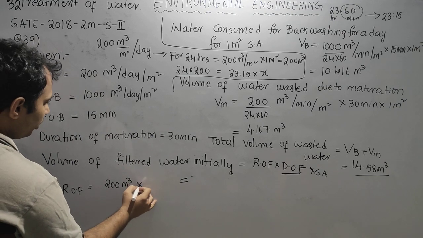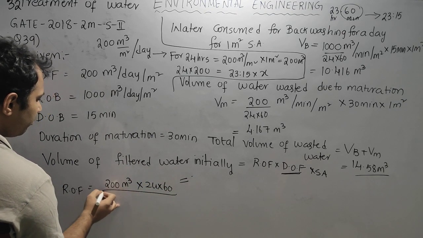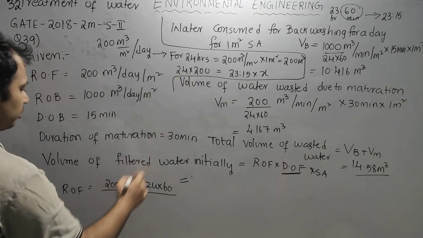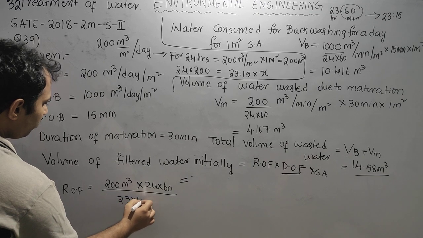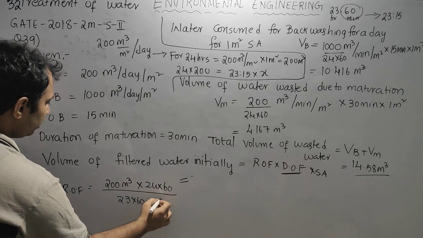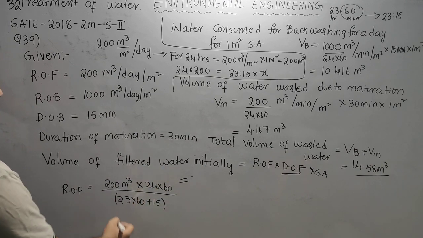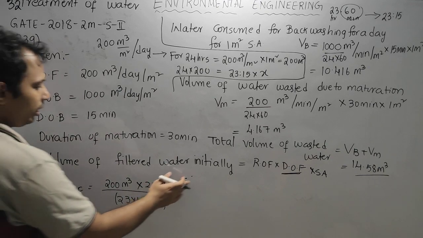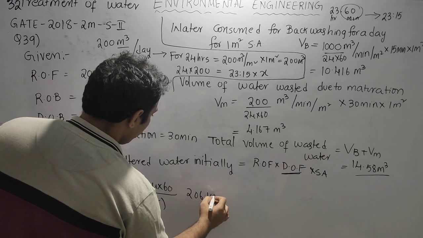Then it is 24 hour into 60 minutes by 23 hour into 60 plus 15, which is the total number of minutes. If you divide this, you will get the modified rate of flow as 206.45 meter cube.